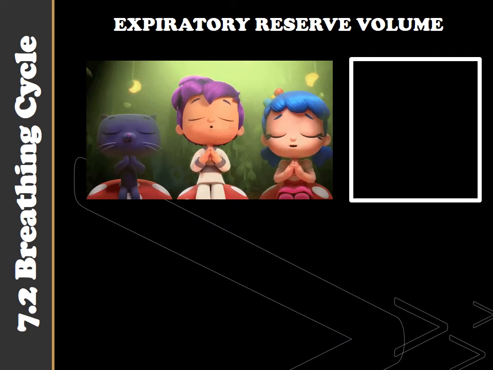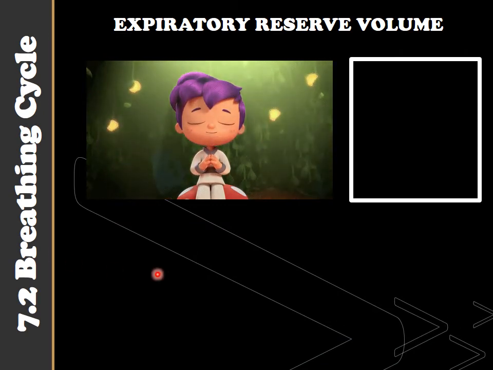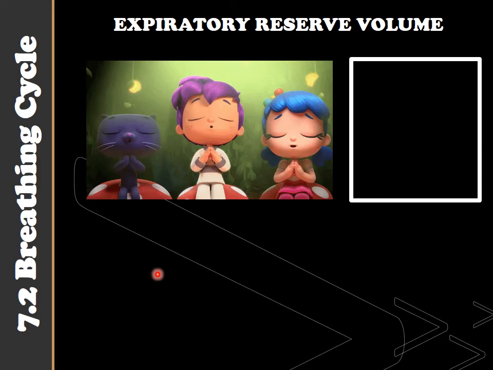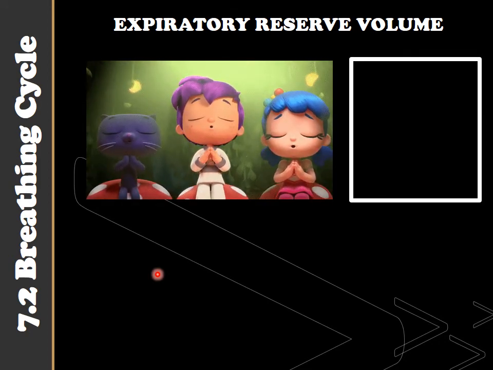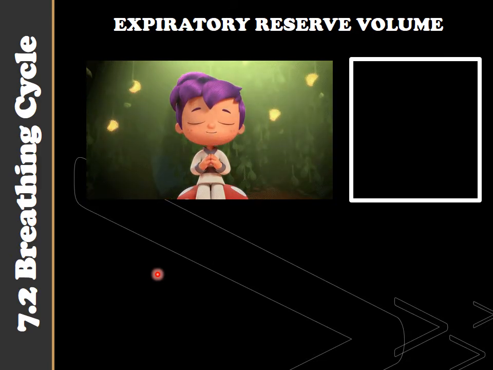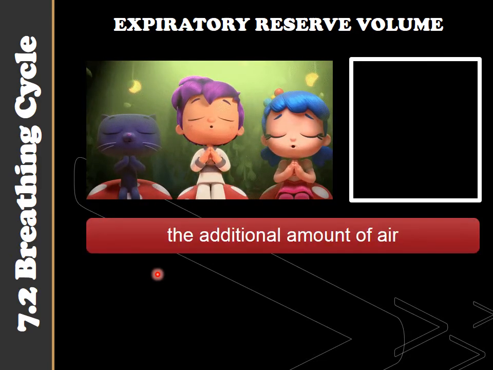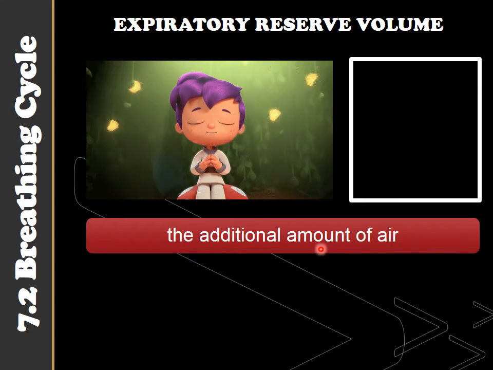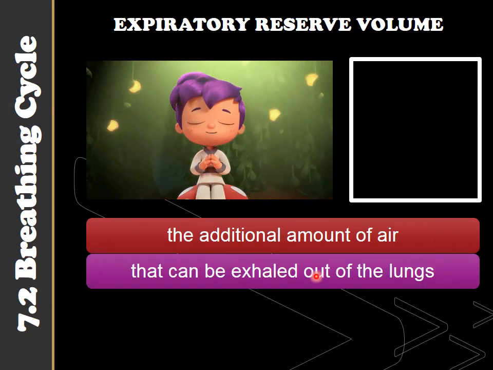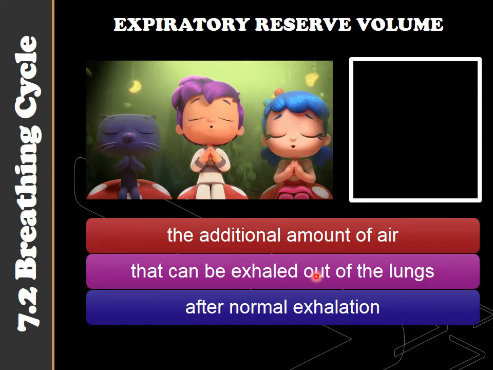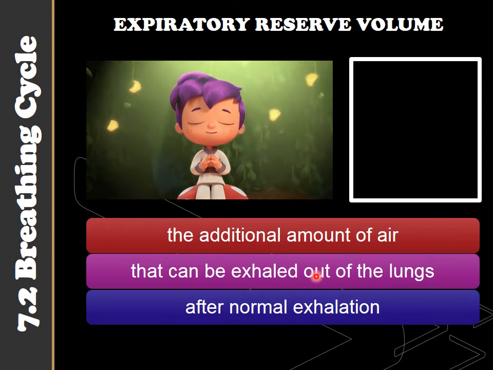When we do a normal exhale, that is still a tidal volume. But when you do an expiratory capacity, you are going to exhale extra. So the expiratory reserve volume is the additional amount of air that can be exhaled out of the lungs after you have done your normal exhalation.